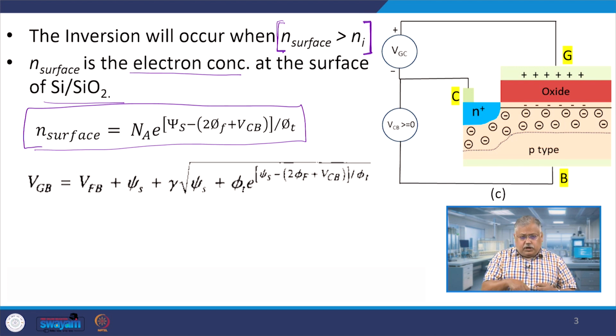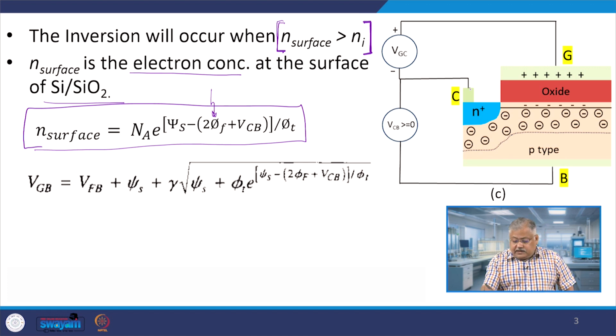I will discuss this point in the subsequent blank slides, but understand that as you go on applying the gate bias, the intrinsic Fermi level will start going down, right, and when it becomes lower than the Fermi level by as much as it was higher, that entails that an inversion layer is formed, and that is the reason we have added a term 2 phi f here.